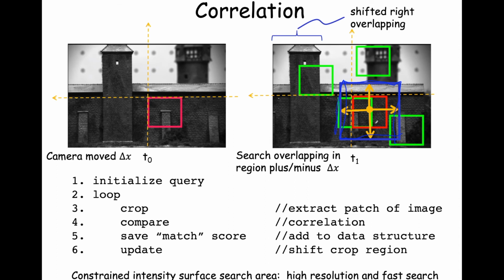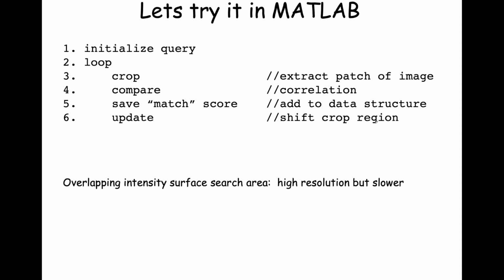Okay, so let's try this out in Matlab. We're going to implement this initialization of the query and iterating in a loop, the cropping, extraction of a patch image, comparison, the correlation, saving the match score, and the updating.